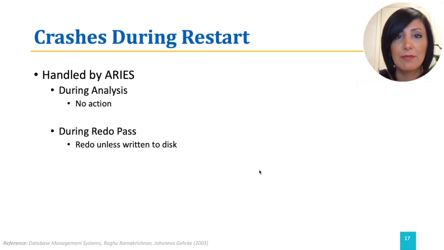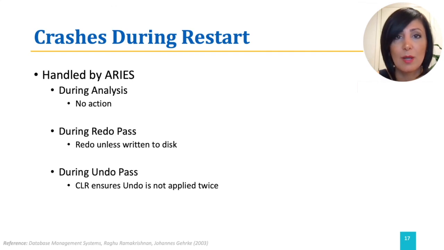Now, what if another crash happens when the database management system is in the undo phase? The nature of the compensating log records, the CLRs, ensures that an undo is not applied twice and keeps the correctness of the system.